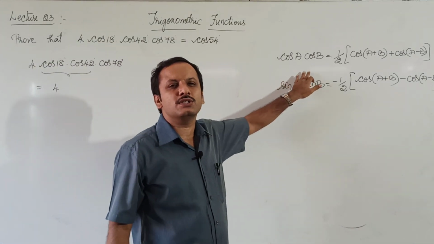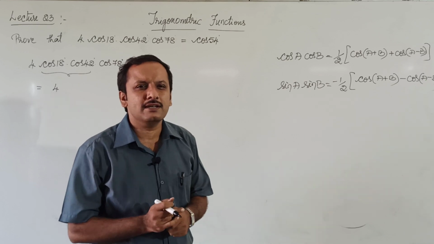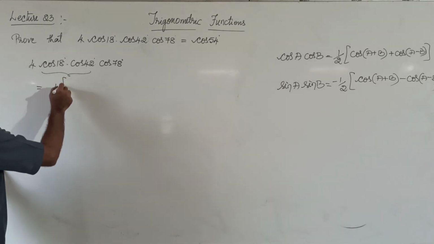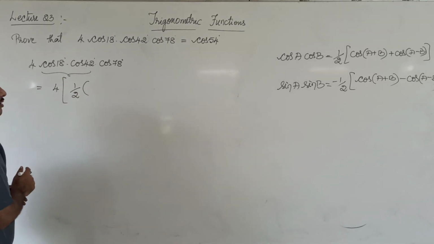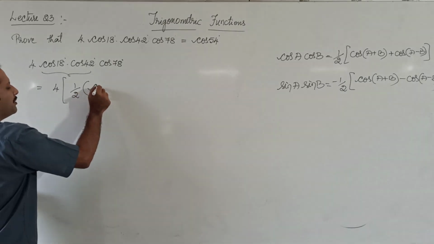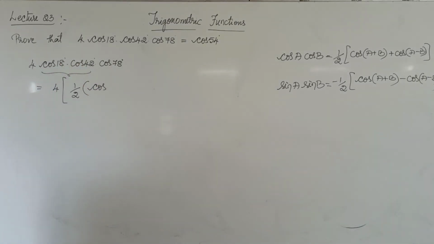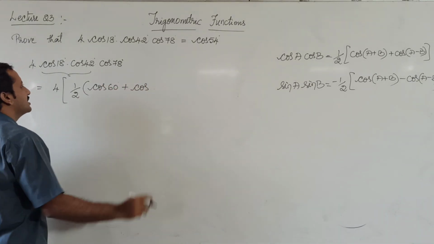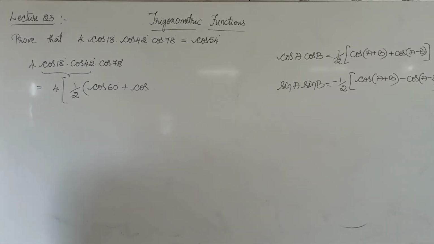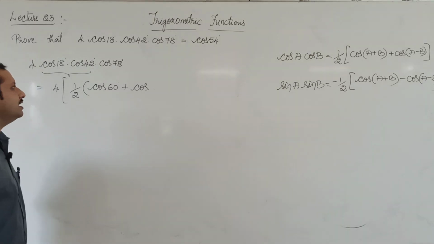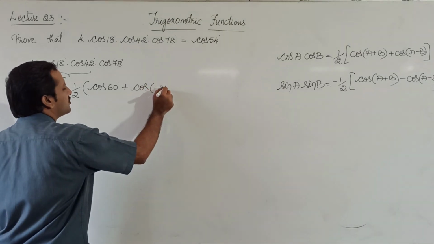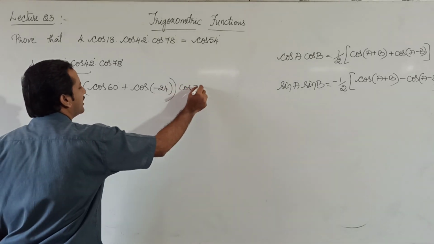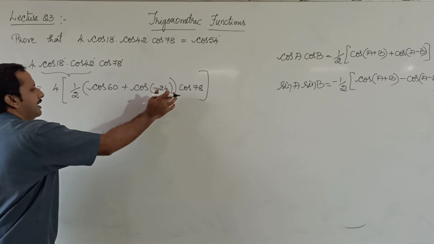It looks like cos A cos B. Cos A cos B is equal to, you know the formula, 1 by 2 into cos A plus B, I'll take the 1 by 2 outside, means 18 plus 42, 18 plus 42 is 60, plus cos A minus B, 18 minus 42, that is minus 24, right? Cos of minus 24, into cos 78.